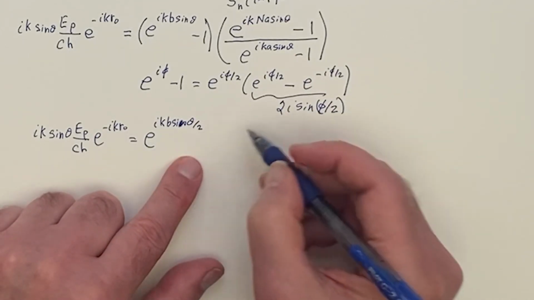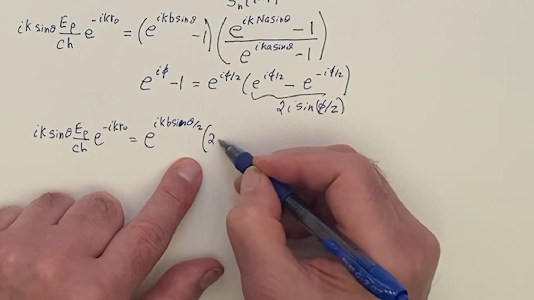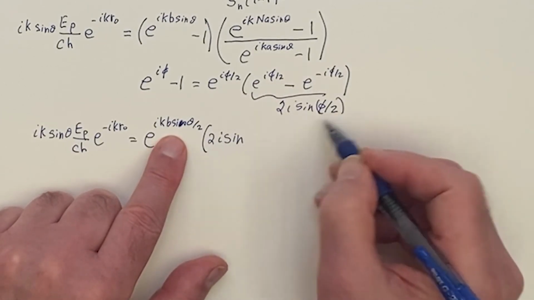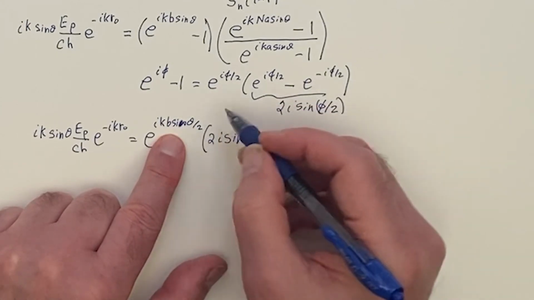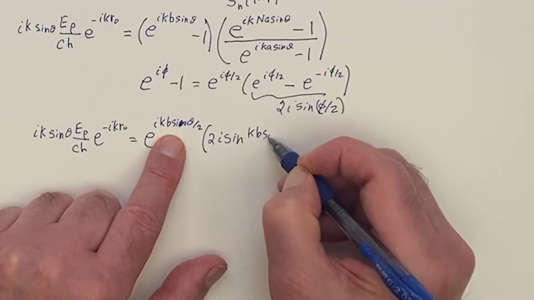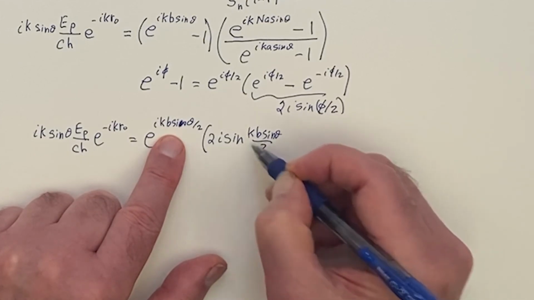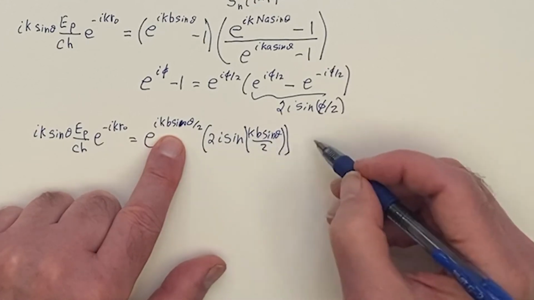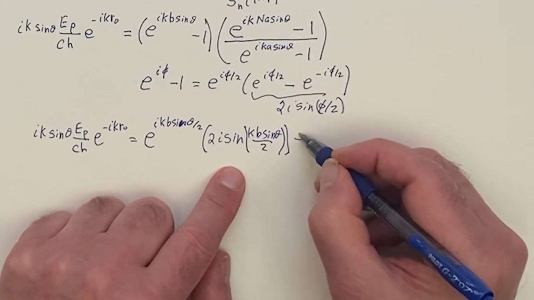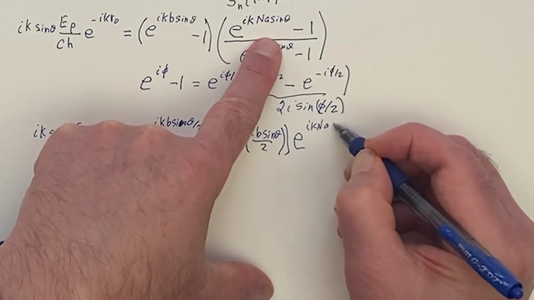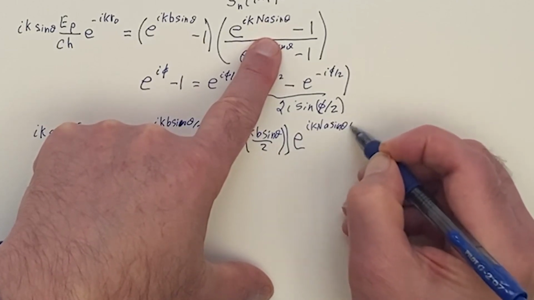And then we're going to have the 2i sine of phi over 2. So that's going to be kb sine theta over 2. All right, like that. So that's the first one. Then over here, we'll have this pulled out, dividing by 2.